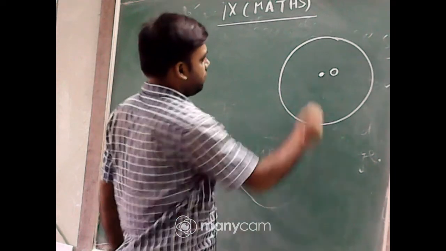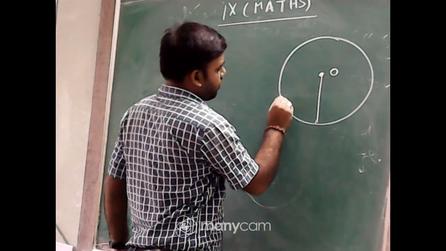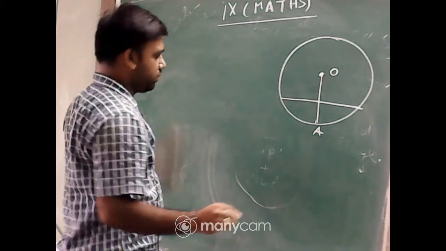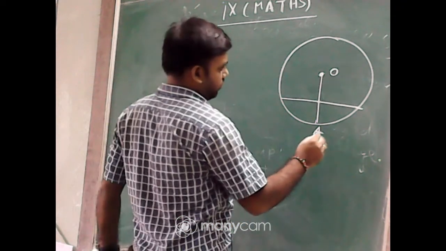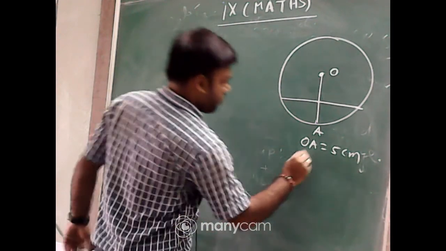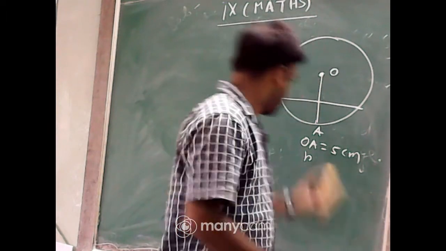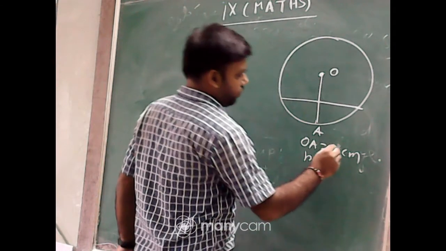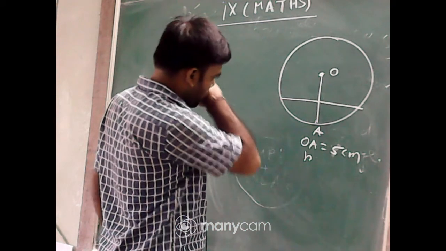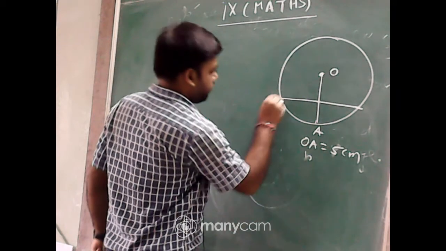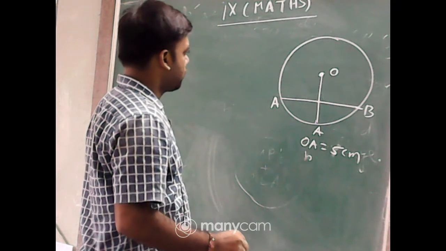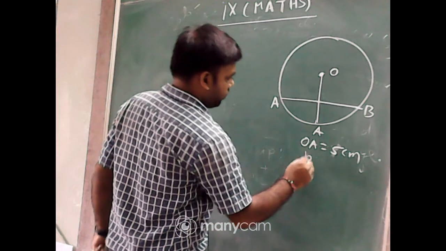Having center O, OA equal to 5 centimeter, find the length of AB.